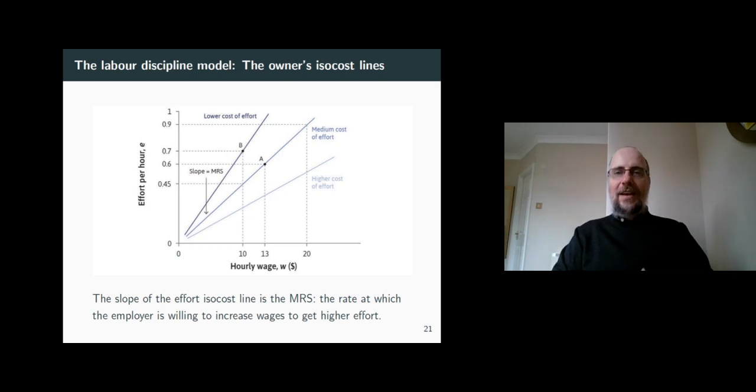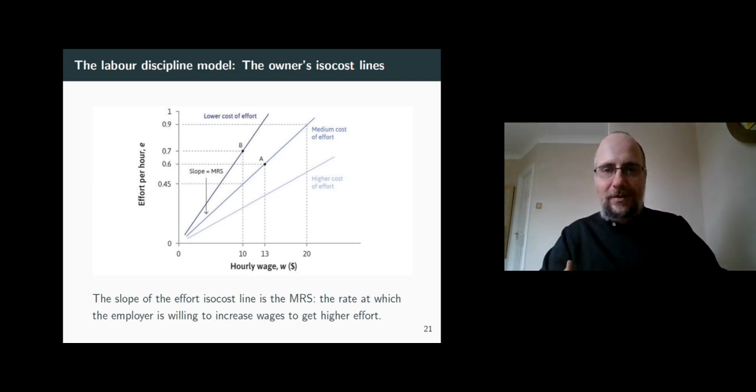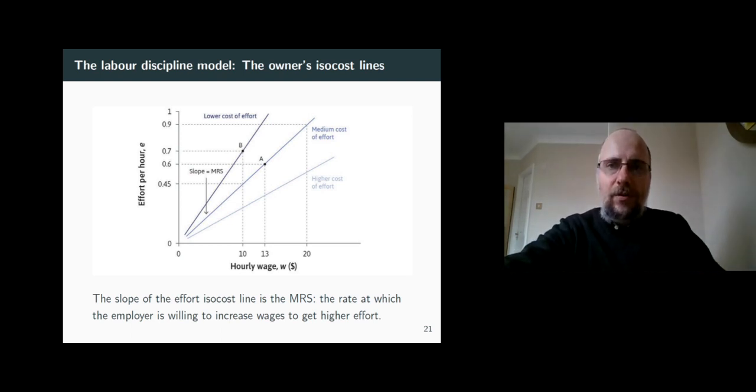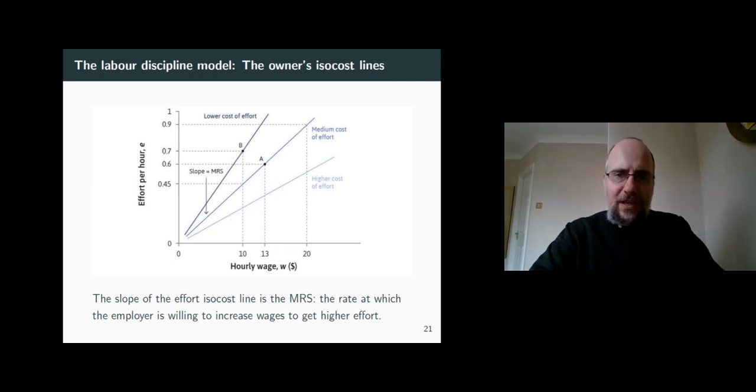That's why we can say that as long as the firm pays the same money for a unit of effort, as long as it substitutes effort and money at the same rate, the firm is indifferent. For example, the firm is indifferent between point A and any other point on the same isocost line for effort. And further, the firm is indifferent between point B and another point on the same isocost line for effort.